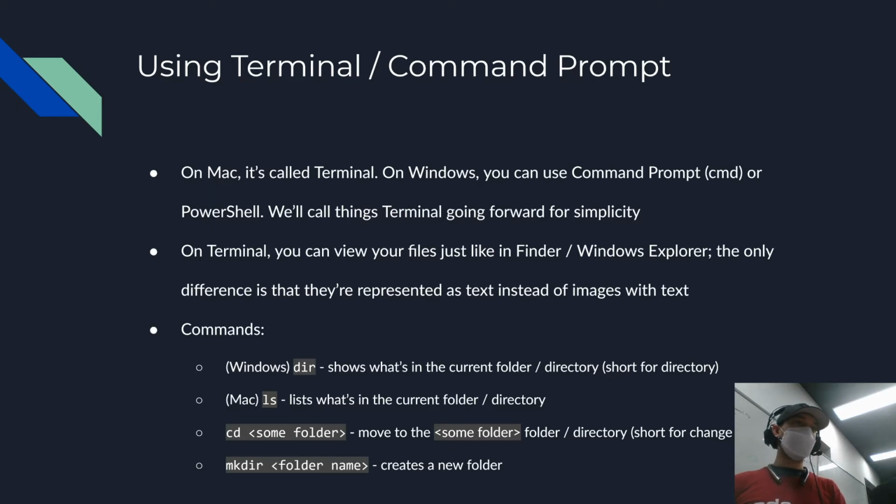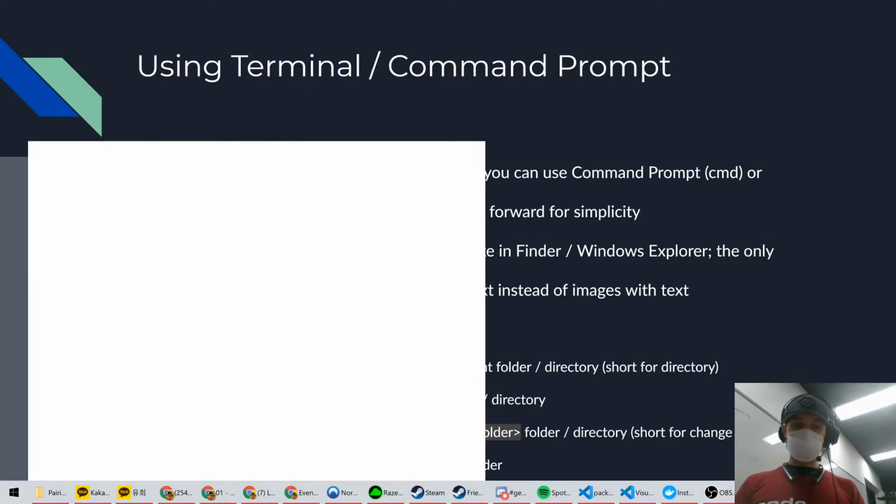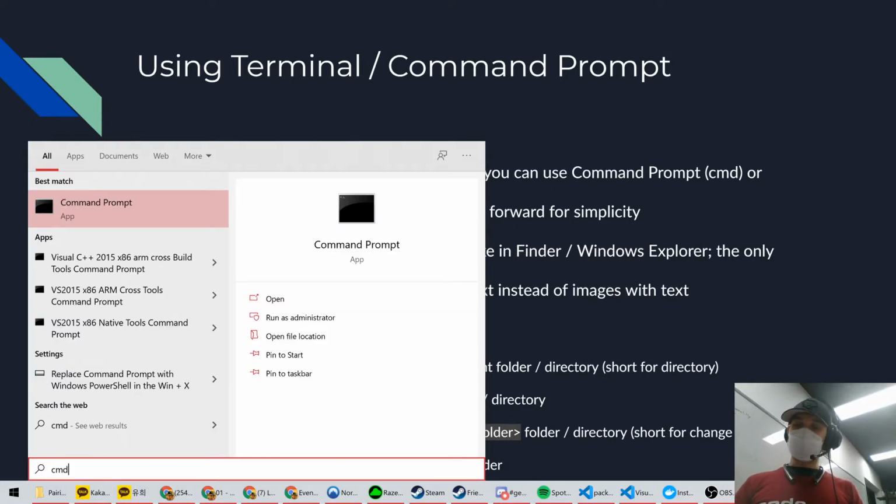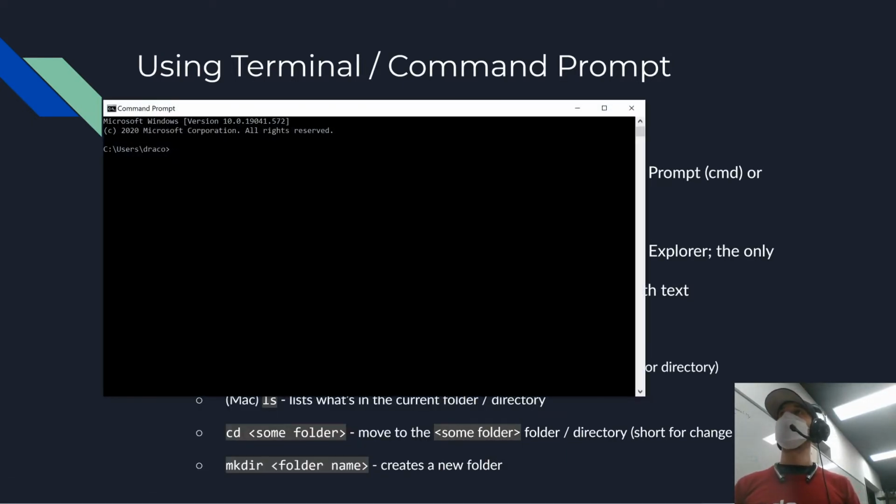Depending on how your system is configured, if you hit either Command spacebar or Control spacebar to bring up Spotlight, and you type in terminal, that will open the terminal, and I recommend you do that now. For folks on Windows, if you hit the Windows key and type in CMD, that will bring up the command prompt. And the Mac will look very similar to this, just inverted colors and slightly different text.